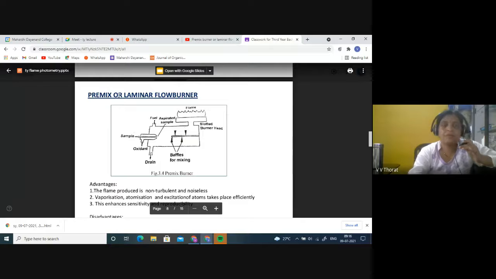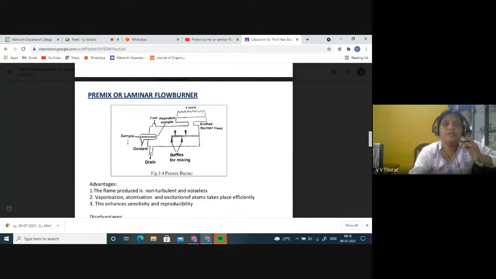So in premix or laminar flow burner, the sample, oxidant and the fuel are mixed together and then they are made to flow through the series of baffles which are rotating, and these baffles will allow only the small droplets to reach the flame, whereas the bigger droplets are collected out in the drain. Okay, and draw a very nice diagram.